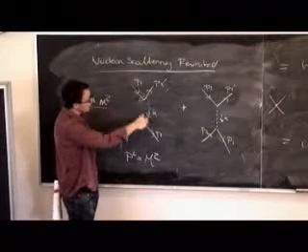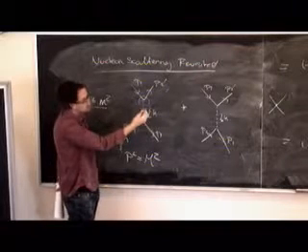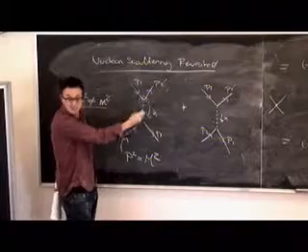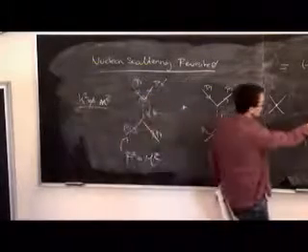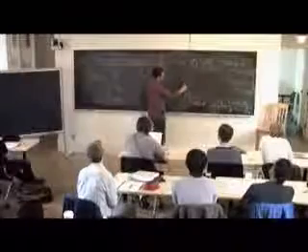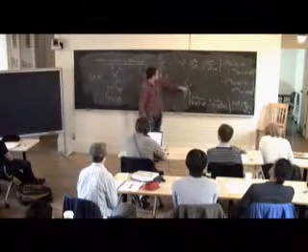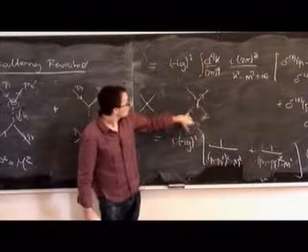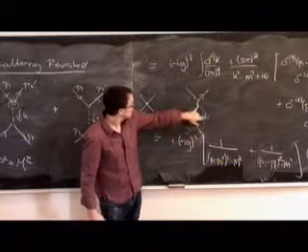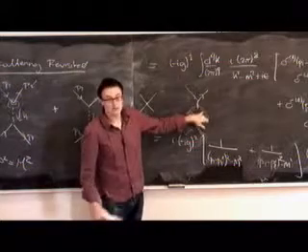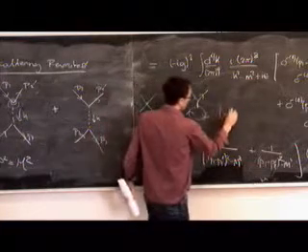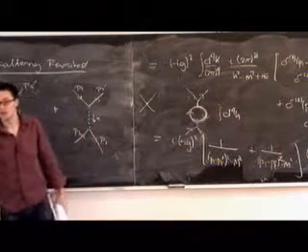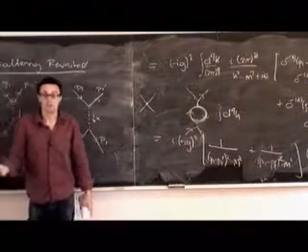Here we integrate over this momentum, but it's easy to do the integral because there's a delta function from this vertex which tells us exactly what this momentum is. Here you have to integrate over this momentum, this momentum, this momentum, and this momentum. There are delta functions which tell you what they are, but it turns out once you impose all the delta functions, there's one which is unconstrained. So there'll be an integral over one particular momentum, which is the momentum that's running in this loop here. And that integral will give infinity.